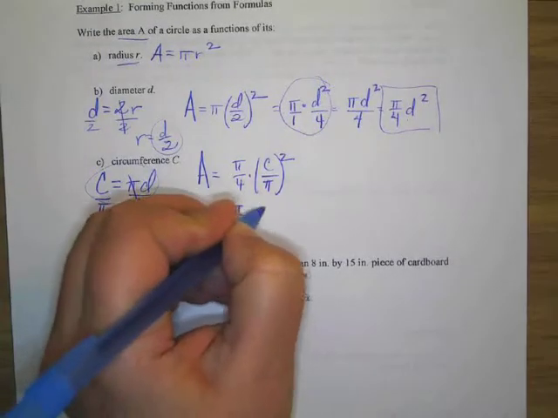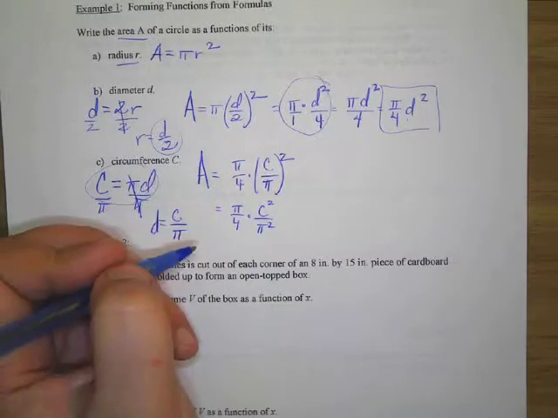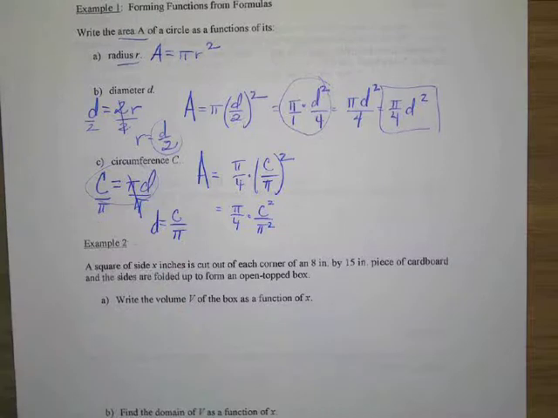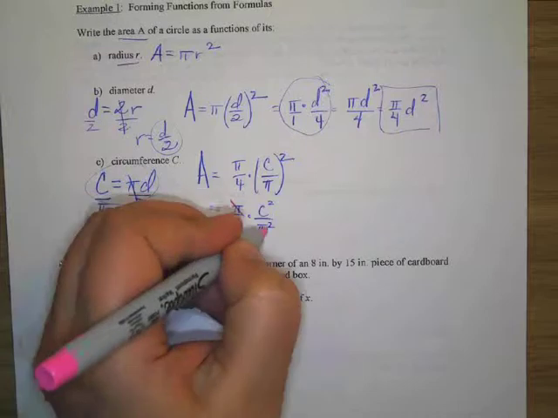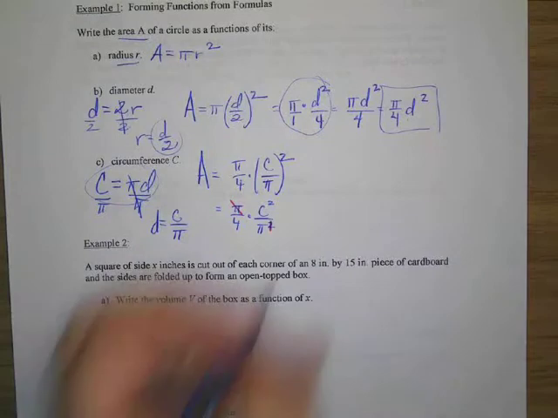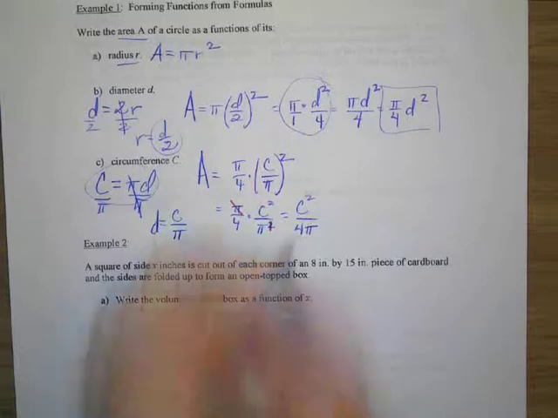C squared over pi squared. Now we can cancel, because this pi is going to cancel and leave 1 on the bottom, right? So you have c squared over 4 pi.